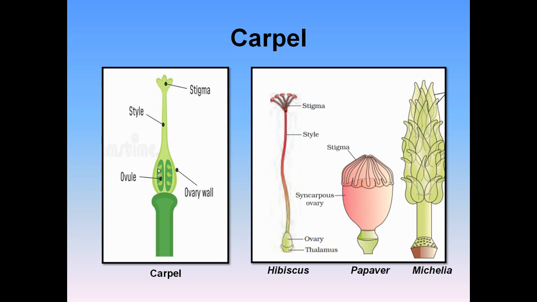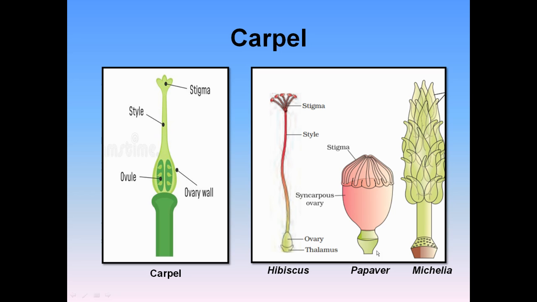And this is hibiscus. This carpel is quite familiar to you as we have done the dissection of this in class 11. You can see the various parts, that is stigma, style, and ovary. The ovary resides on a cushion-like structure which is referred to as receptacle or thalamus.